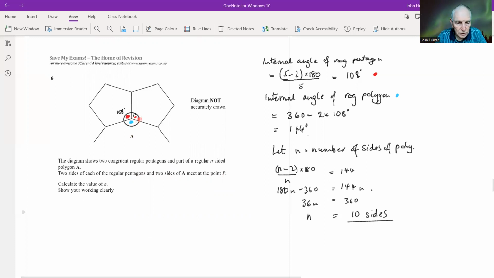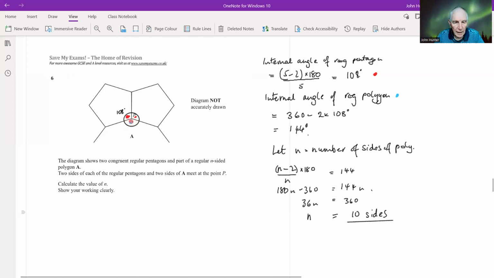So, well, we can see that if we put these 2 angles from the pentagons together with this one angle from this polygon of n sides, then that's basically 360 degrees. So I think the point here is that if we can find out what this angle is, we can then find out how many sides the polygon has got.